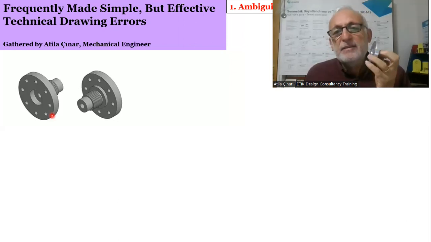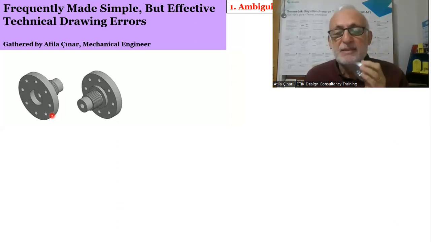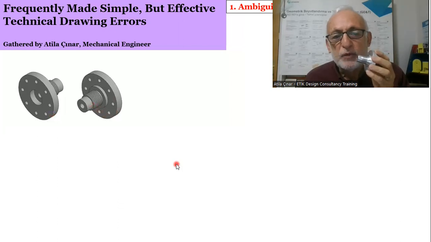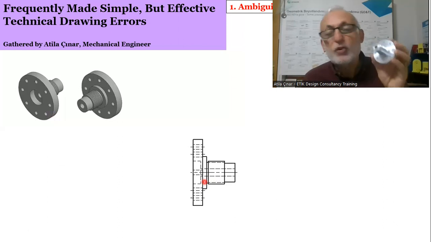If you want to explain the part, to annotate this part to other people, especially to the manufacturers or the quality people, we have to prepare a technical drawing for this part. While preparing the technical drawing, we usually start with a view of the part, which we call the plan view or the front view.